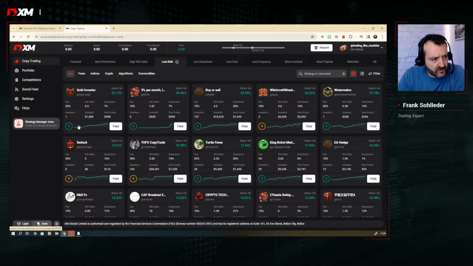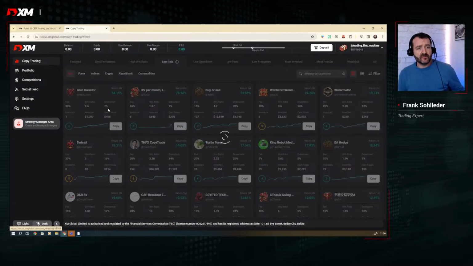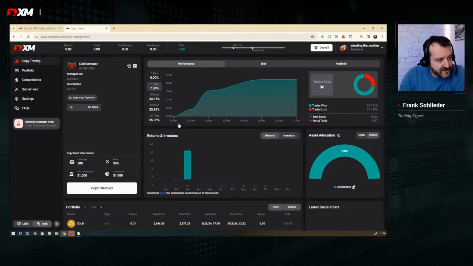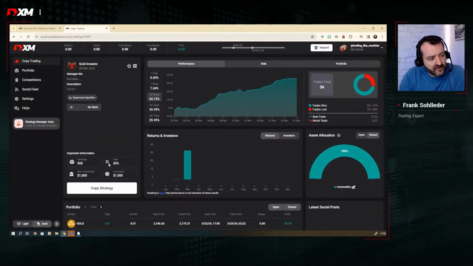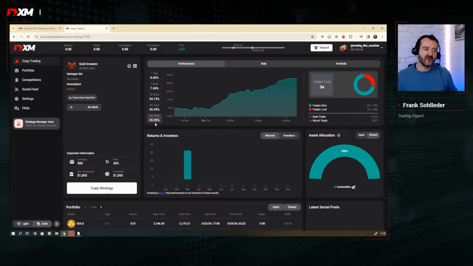And you see here we have a medium risk, we have 20% return, but here the gold investor looks like he does a really good job so far. Maybe we can get in here and look a little bit closer into the strategy, because here you get a snapshot, and you see, for example, that he wants to have 30%. So that means that when you're investing into this trading strategy, you see that over all time he made 35% of profits. Let's say you are investing 1000 euro on this, so you make here $359.